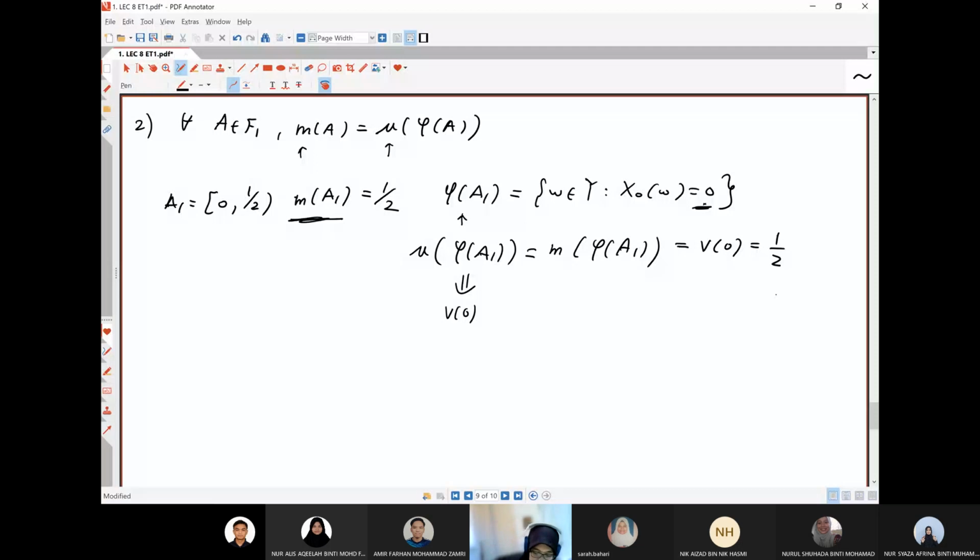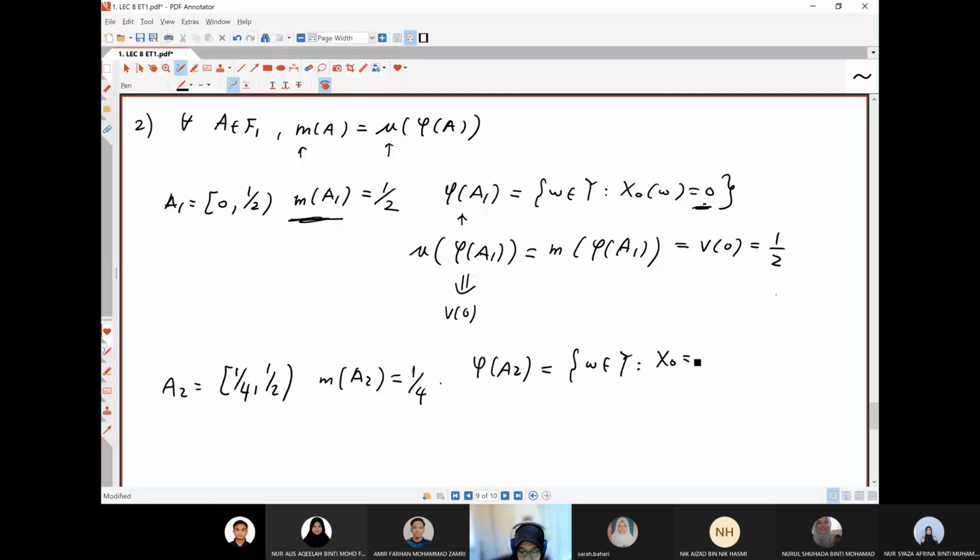Okay, now you have show that for the example. Now for the second one, A2. Second example yang tadi tu, I have 1 over 4 dengan 1 over 2. So you find MA2 is equals to 1 over 2 minus 1 over 4 is 1 over 4. And you have the image of A2 is equals to omega taken from Y, where the first digit is 0 and the second digit is 1.